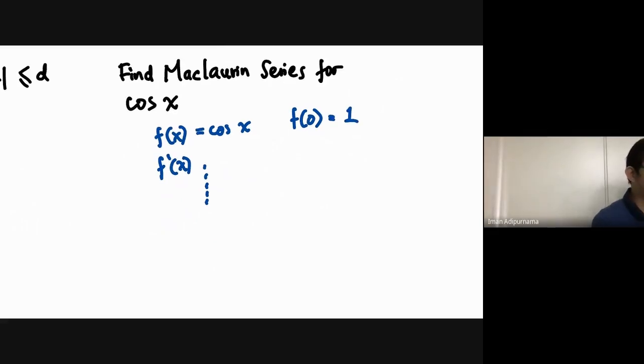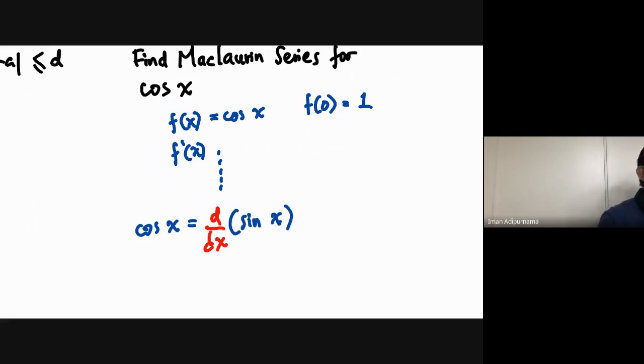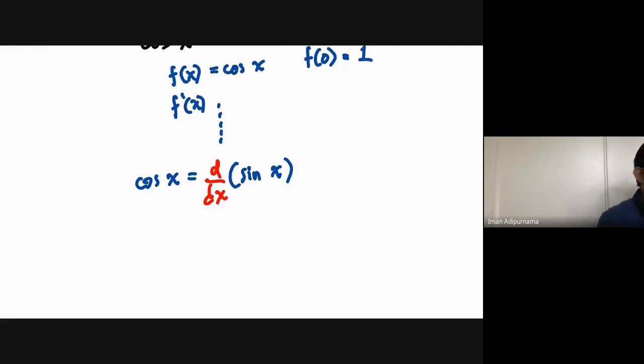So the first term will be 1, but we can look at this cosine as, so cosine x is actually the derivative of sine, right? We can actually find the expansion for cosine from sine x.